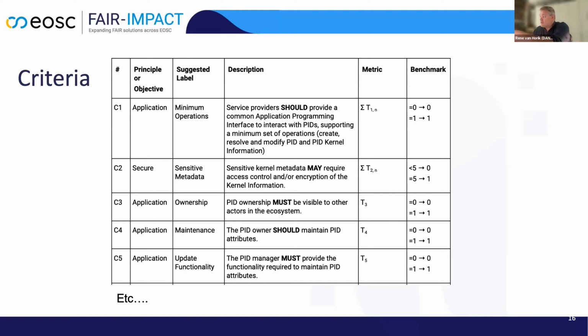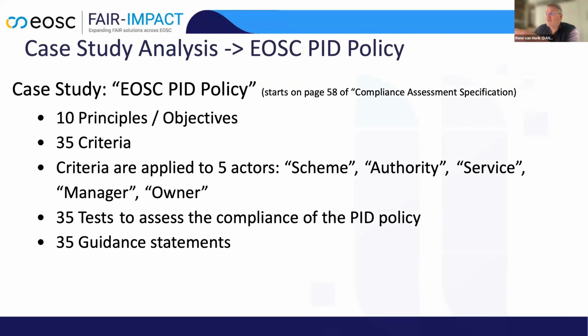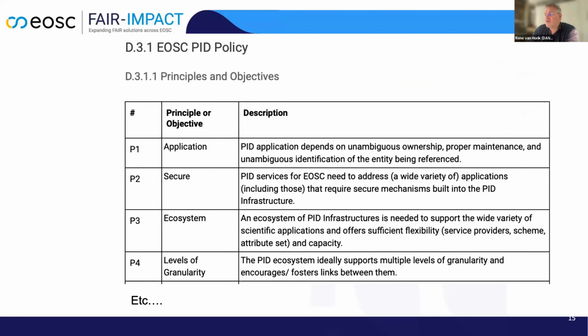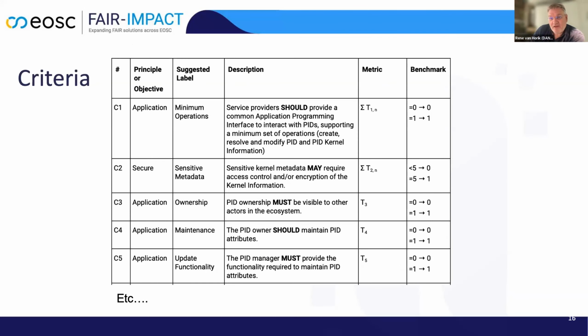And you see in the benchmark that with accessibility, the musts are binary, yes or no. Okay, so again, we have 10 principles and 35 criteria. The first 5 are here, there, etc. It's undoable, of course, to go through all of them.